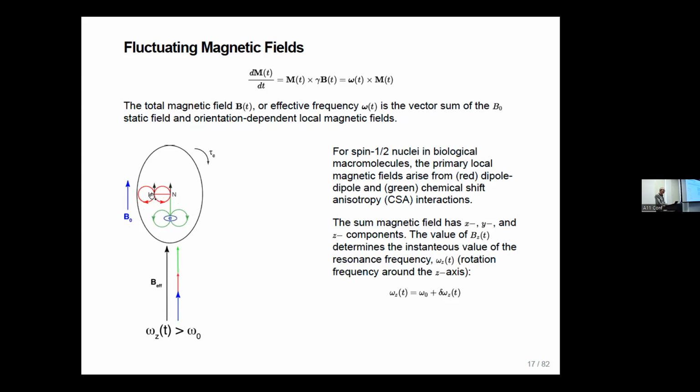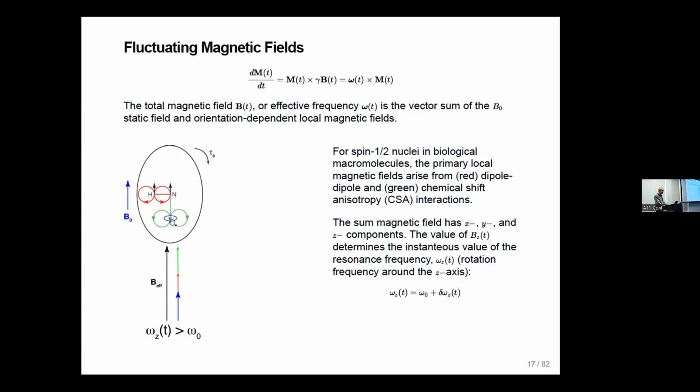If it's an amide nitrogen, it has attached to it a hydrogen, and that hydrogen is spin 1/2. It's a dipole. It generates a dipole magnetic field, just like a little bar magnet would. And in elementary school, you probably had a bar magnet and then some iron filings, and you see the field lines. So I've drawn the field lines here. So the nitrogen sees a little magnetic field from the hydrogen.